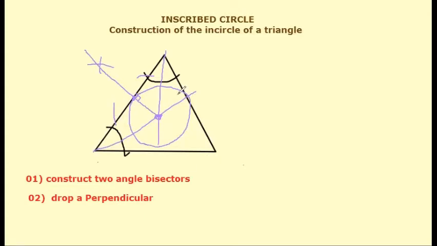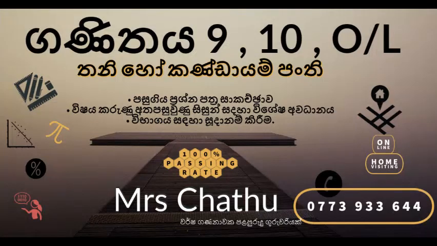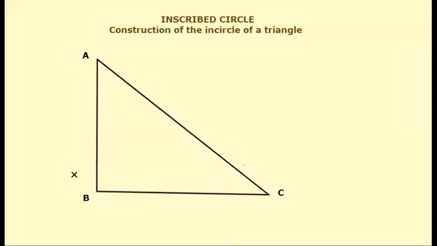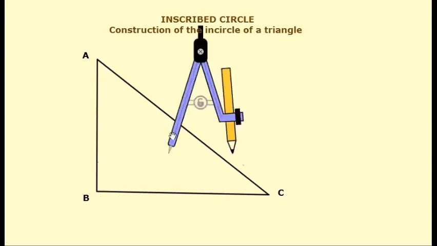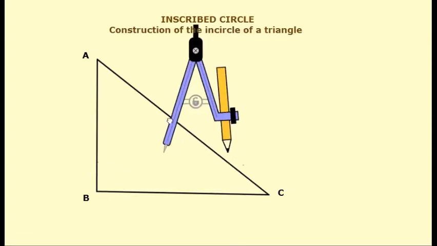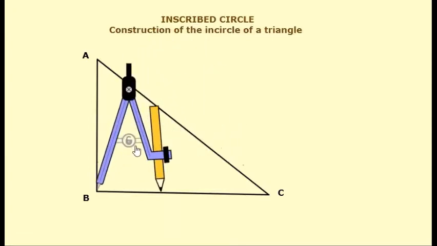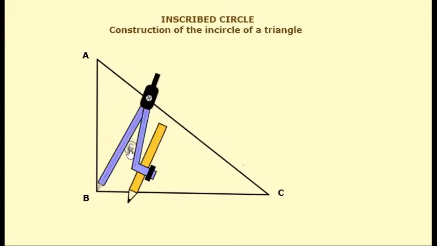So let's see how it is done. As you can see, there's a triangle ABC. For this triangle, we'll see how to construct the incircle. First, we pick two angles of this triangle. Now I'm going to take angle B and angle C to draw the angle bisectors.